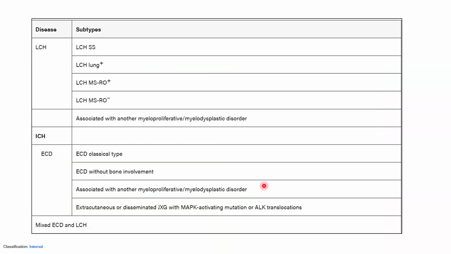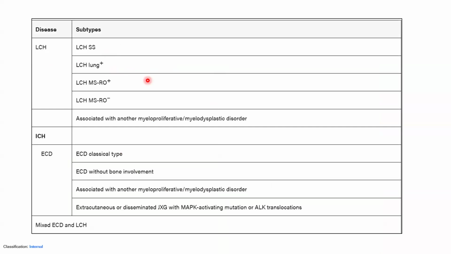The newer classification of this is Langerhans cell histiocytosis, and then there are individual organ-based types. A number of organs can be involved, which includes bone, skin, pituitary gland, liver, spleen, hematopoietic system, and lungs also in adults.